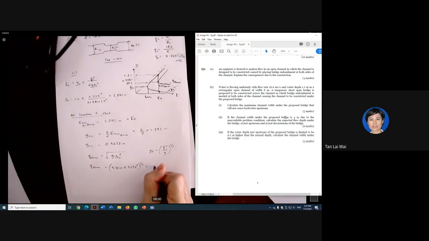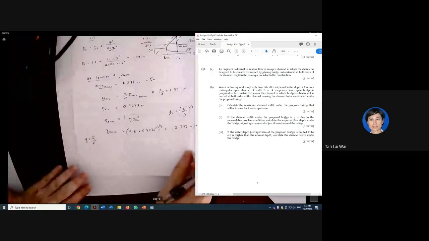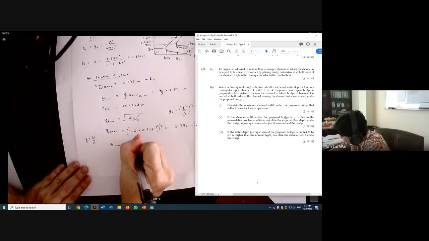So could you give me the answer then? What is my QB max? 2.797 meter cube over second over meter. Okay, we have this Q. Once you have this Q, can we find B? Yes, still remember this formula, q is equal to Q over B. So we need to find this B max here. So we know that B max is equal to Q over QB max.